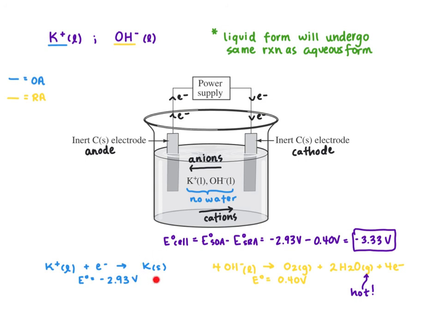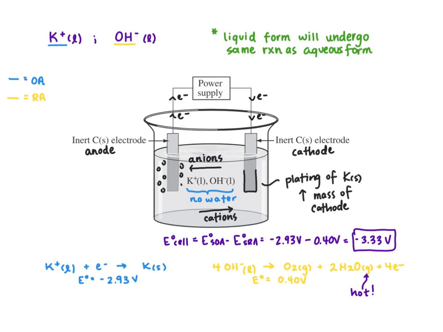So we're going to have potassium solid forming at our cathode. And so we're going to have plating of potassium at the cathode. That's going to cause an increase in mass of our cathode. At our anode, we're producing gas. And so what we're going to see in our molten solution is bubbles.